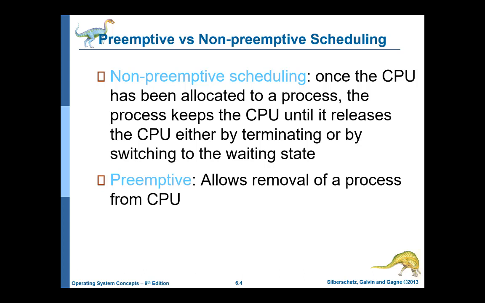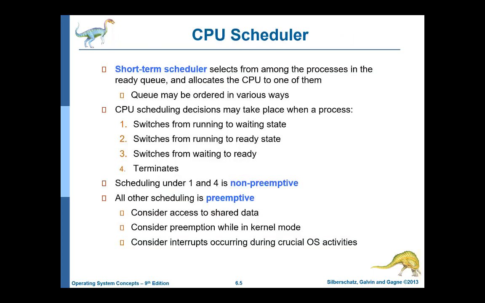If a process can leave only because of these two reasons, then such scheduling is called non-preemptive scheduling. But if there is the case of interrupts, or signals or traps by the operating system, then because of an interrupt the process can leave the CPU early. In that case, this is called preemptive scheduling.